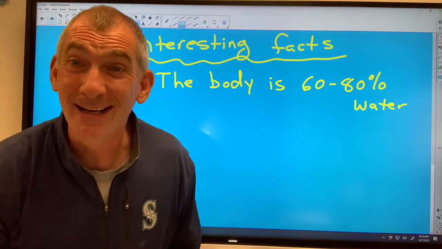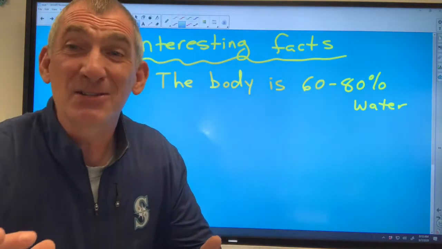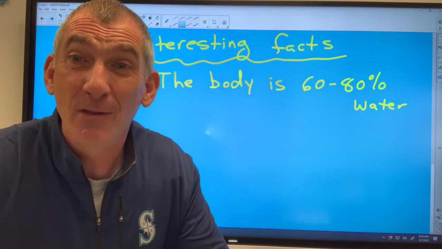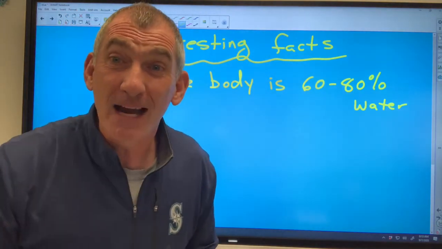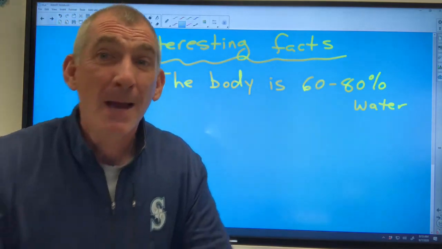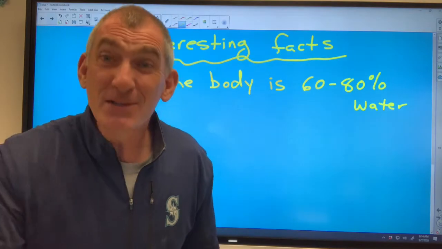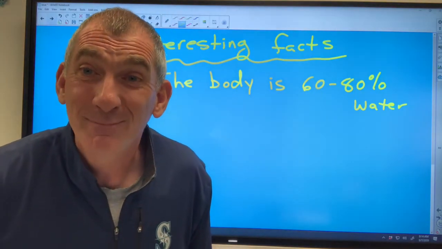That's a whole lot. Remember what the Boy Scouts taught you? When you're lost out in the woods, the very first thing you've got to find is... Yes, water. Before you find shelter, before you find food, the first thing you've got to do is find water.